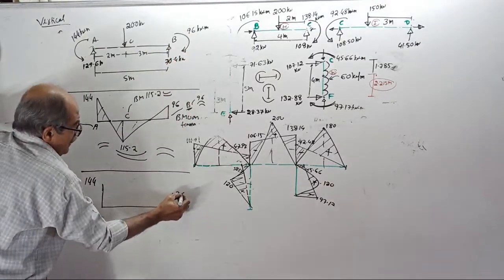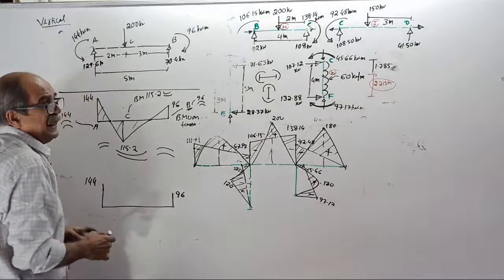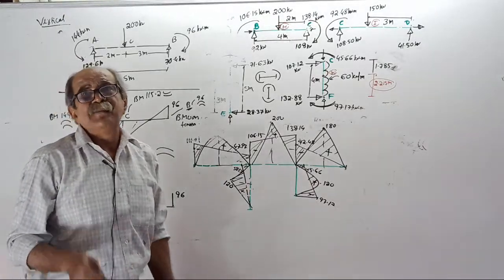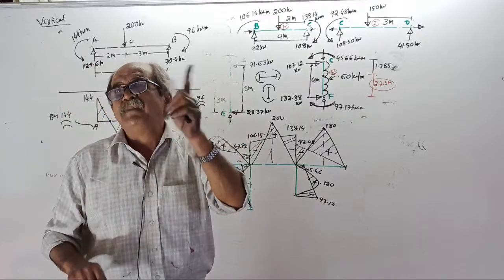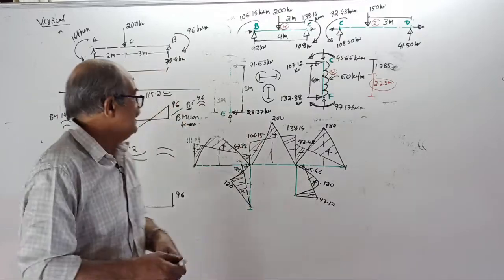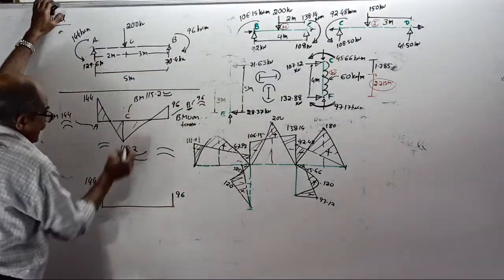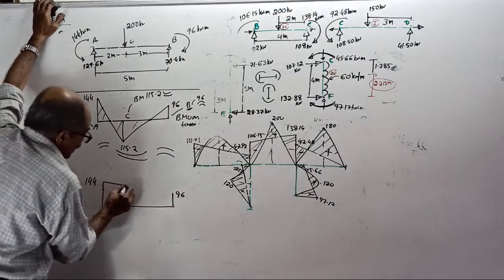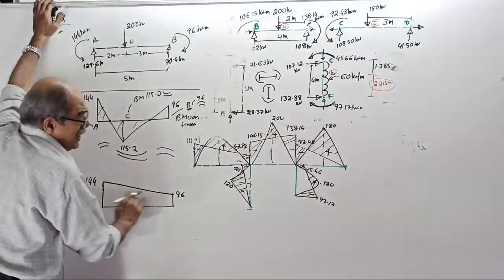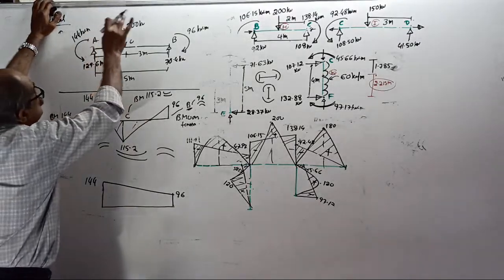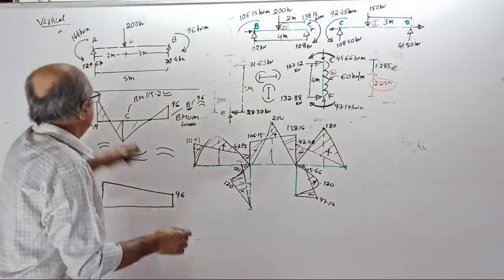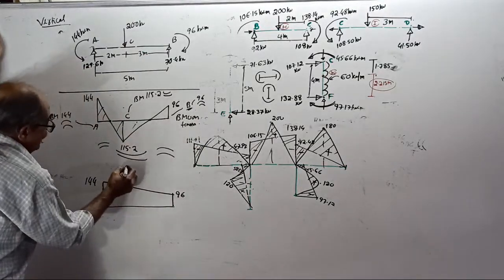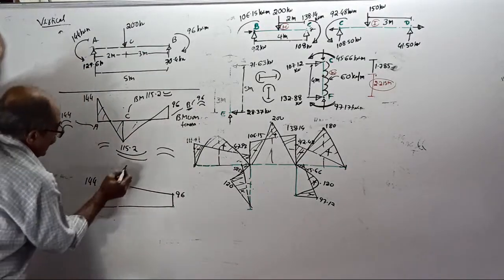Remember, in the superimposed BMD, the end BMs come correctly; the problem is for the intermediate. They will join by a straight line, which is fully negative. Then they will superimpose the bending moment due to the simply supported beam, that is, W L by 4.